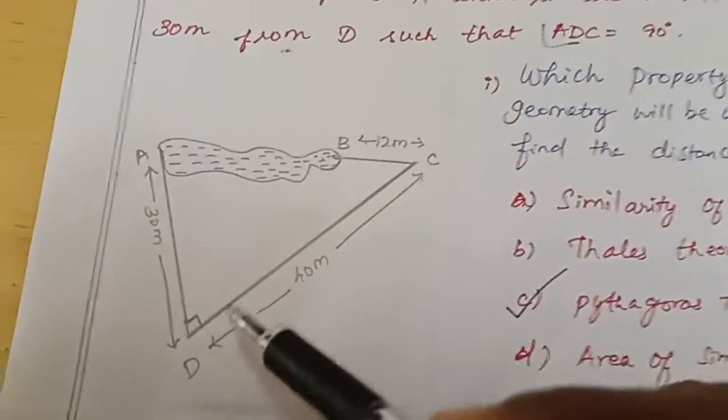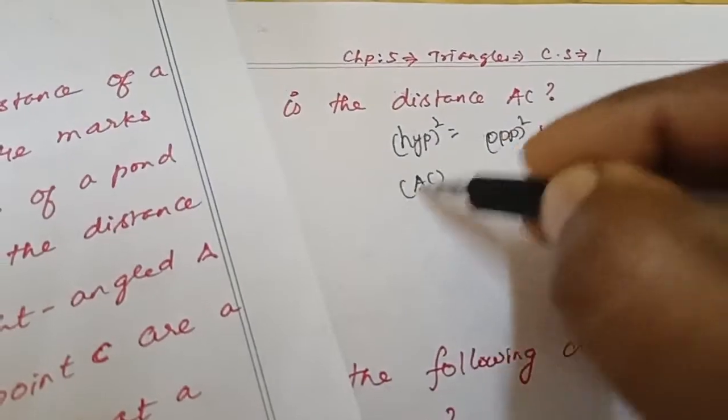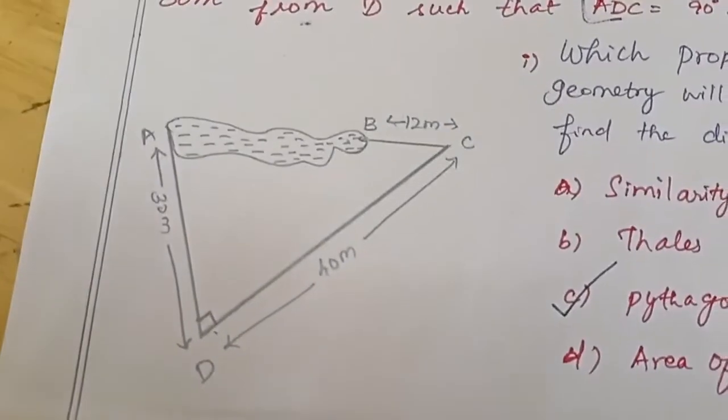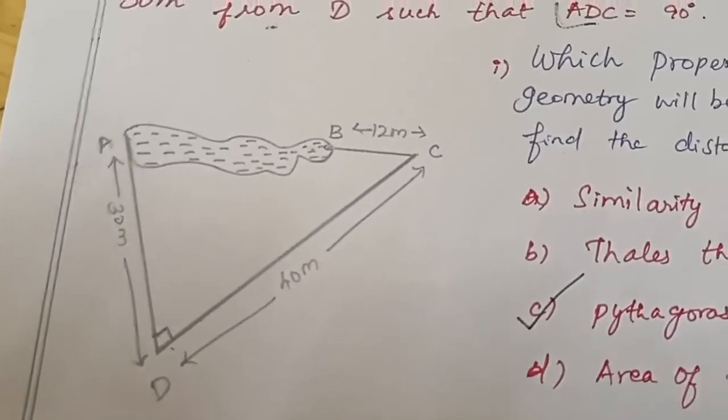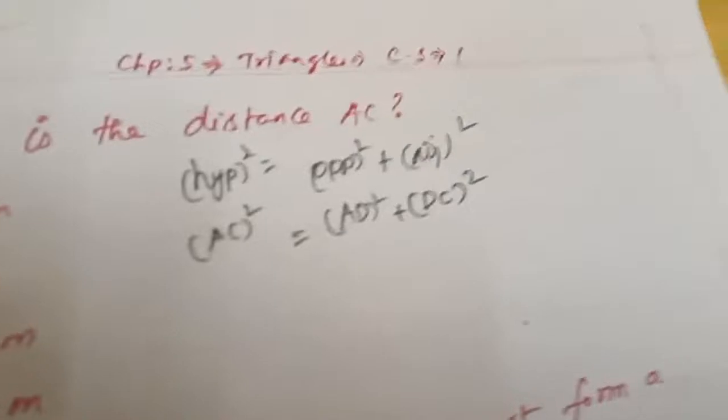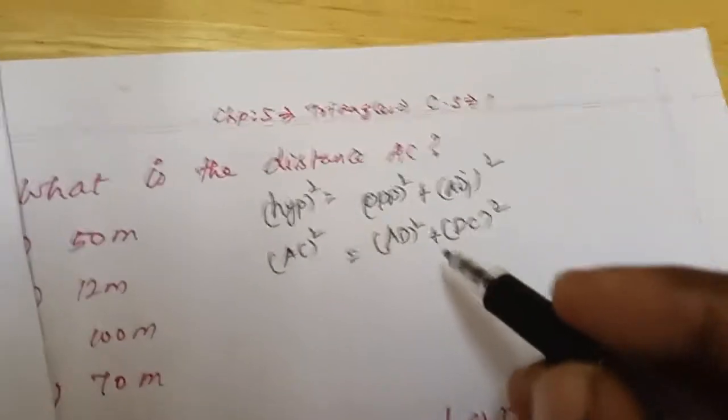What is the hypotenuse? The side opposite the right angle, which we can consider as AC. So AC the whole square, then any 2 sides we can take, that is AD the whole square plus DC the whole square. So AC square is equal to AD square plus DC square.